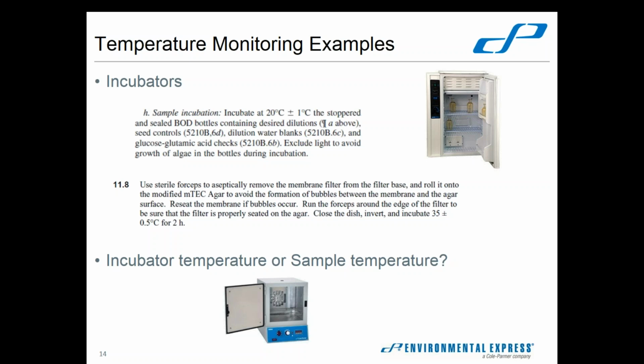You would read what was indicated on the thermometer, and then add or subtract the correction factor to get the true temperature reading of that incubator and of that thermometer.